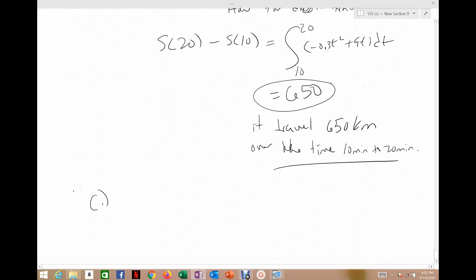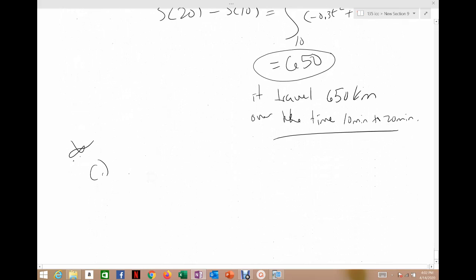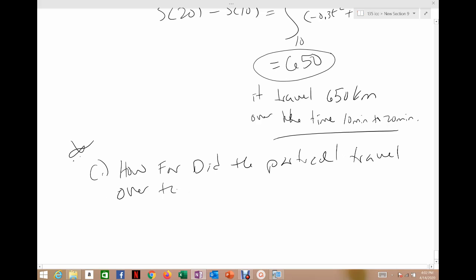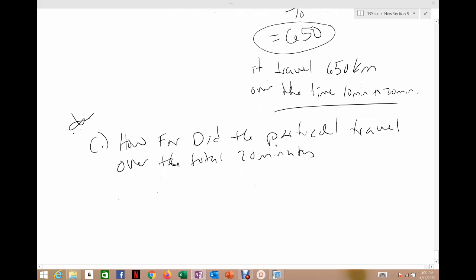Now it didn't ask this, but I'm going to add a part C. How far did the particle travel over the total 20 minutes? And you don't have to regraph it. Over the first 10, it traveled 350 kilometers.